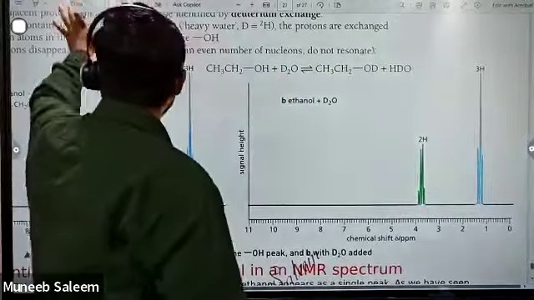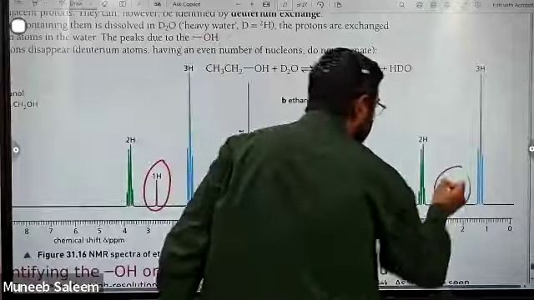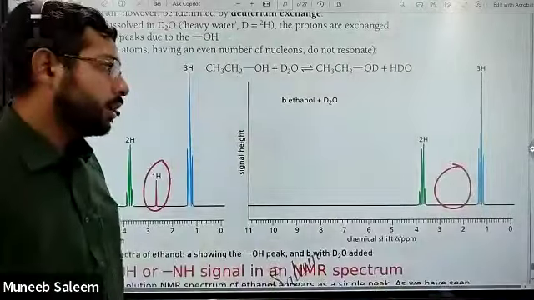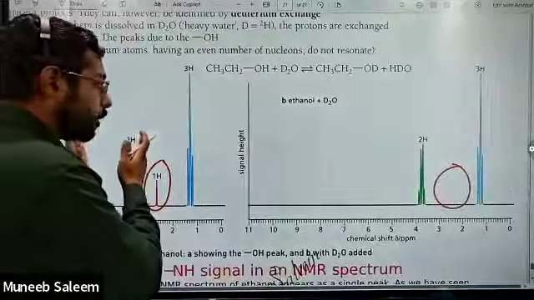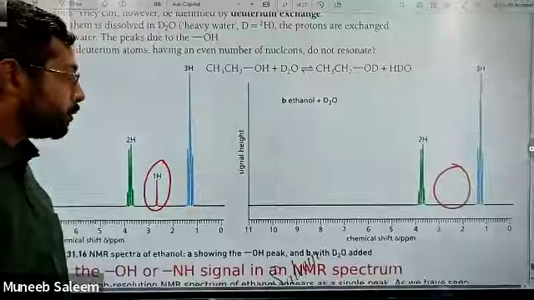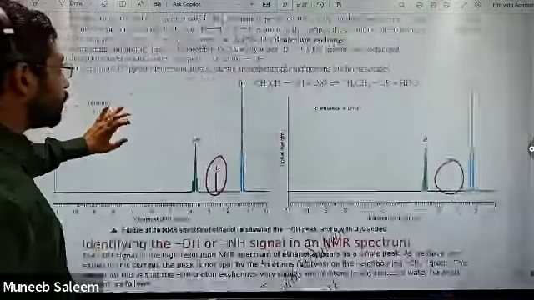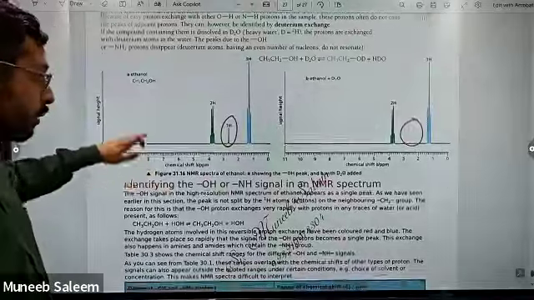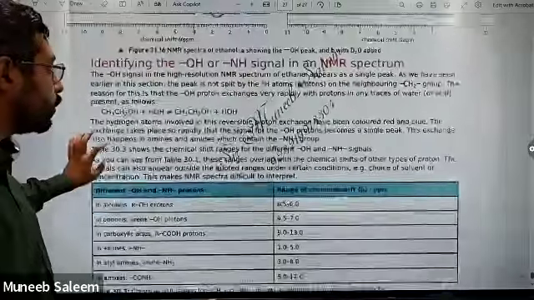So you do not see any peak over here. It is now empty, invisible, which indicates that there is a missing peak of the OH part, and that will help you to identify whether the compound is ethanol or any alcohol, or it could be an amine compound, or it could be an amide.